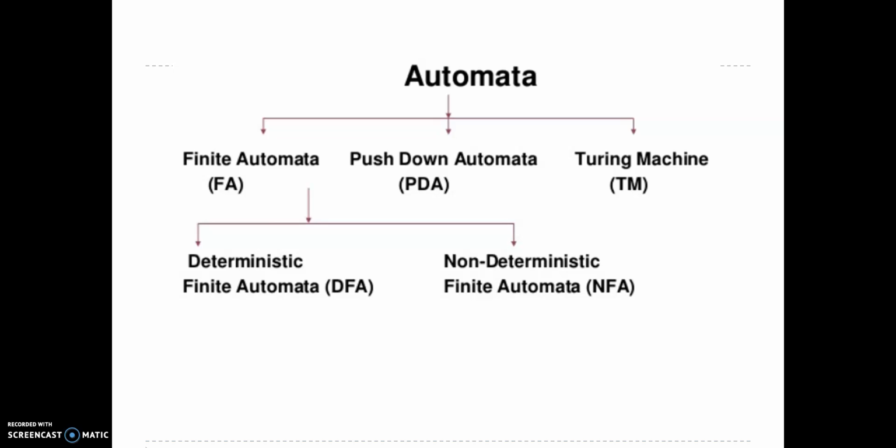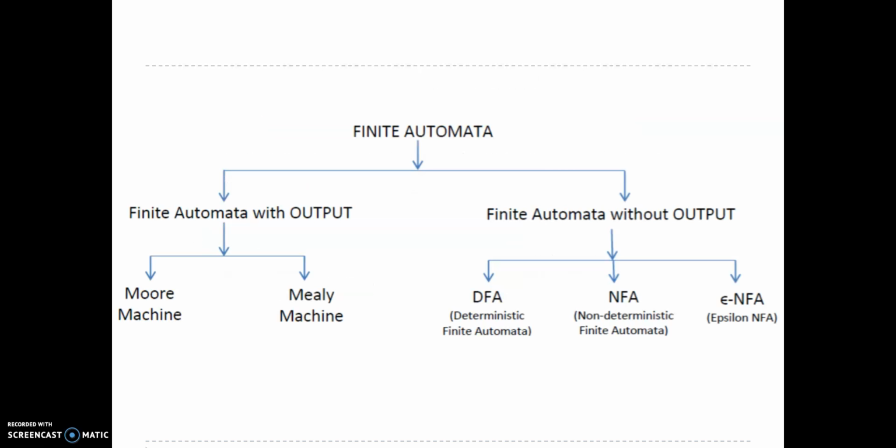There may be multiple options in the non-deterministic finite automata, whereas in the deterministic finite automata I am sure about the next state. There exists only one state. We already studied that and we know that, right? Also, based on whether the automaton provides output, there are two types: finite automata with output and without output.